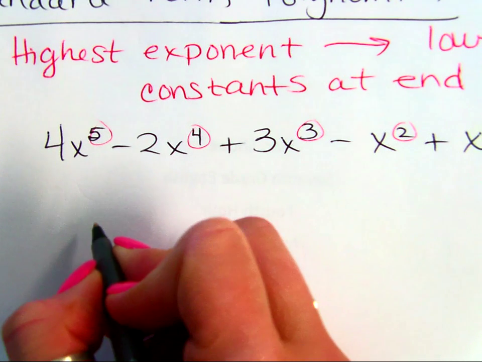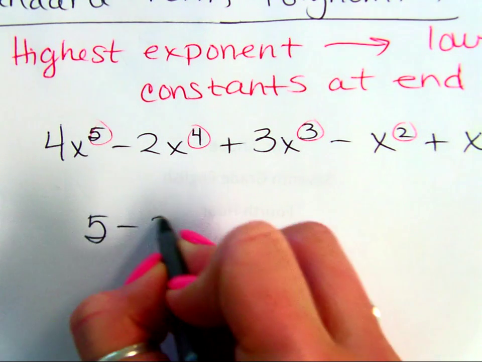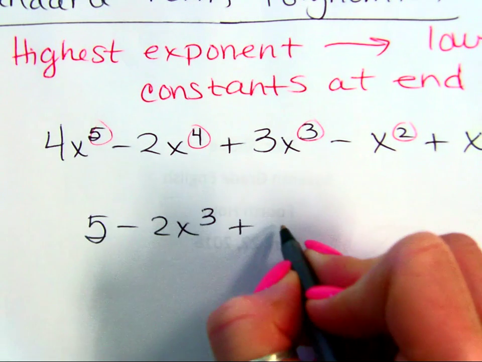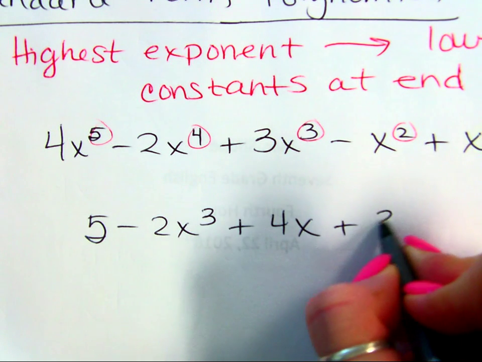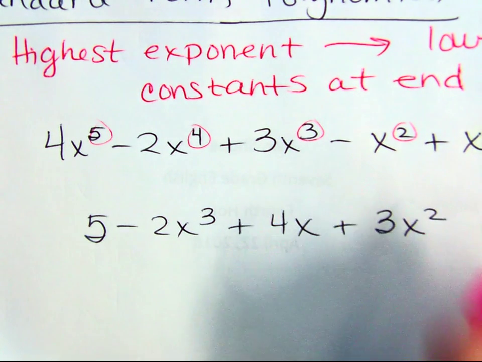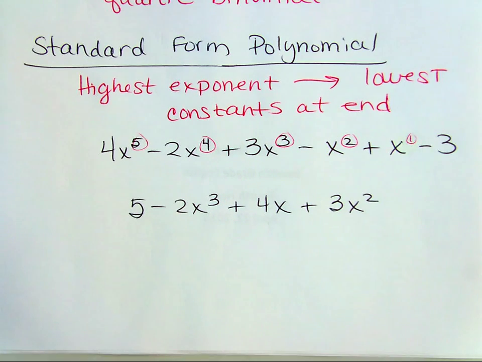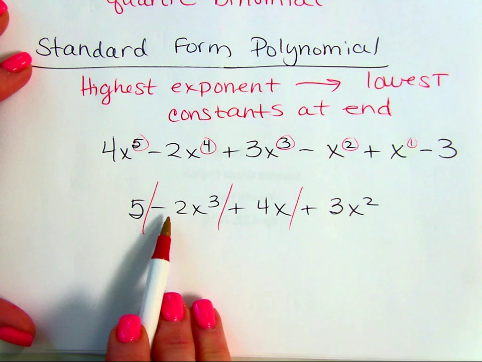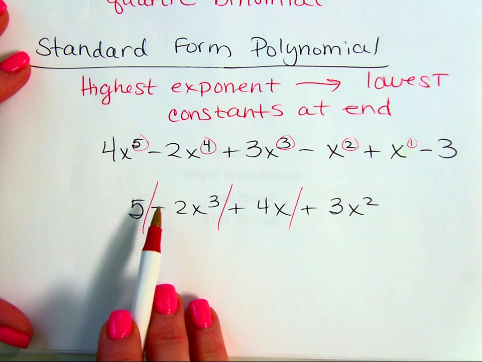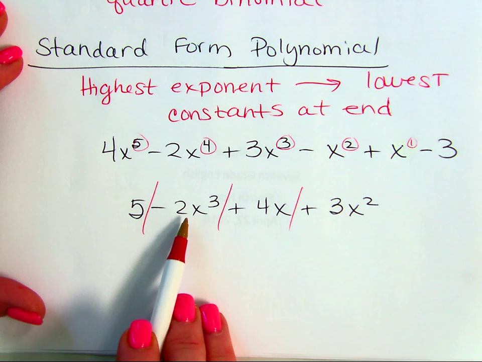So like 5 minus 2x cubed plus 4x plus 3x squared. Okay? When you pick these things up and move them around, you know that the sign in front of it has got to go with it, right? If I'm going to move that, I better move that negative with it.